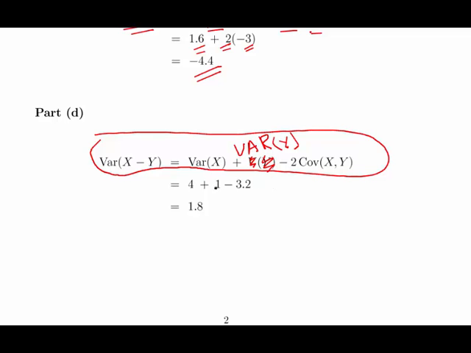That expression is one that you can probably invoke normally. The variance of x plus y, the variance of x minus y. The key thing to remember is that there's a plus sign there.